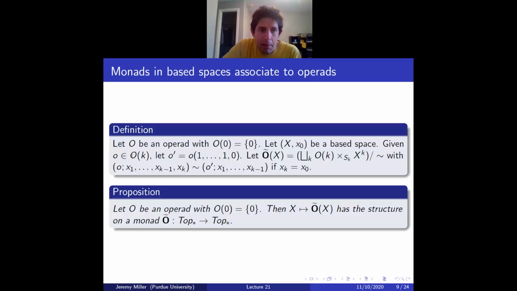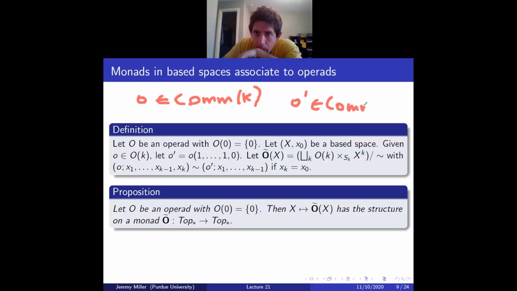So in the Com case, all of the O(k)s are just a single point. So O is in Com(k), and O prime will be in Com(k minus 1).